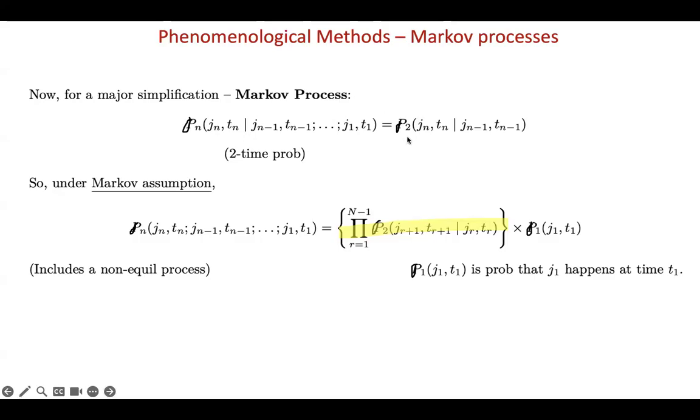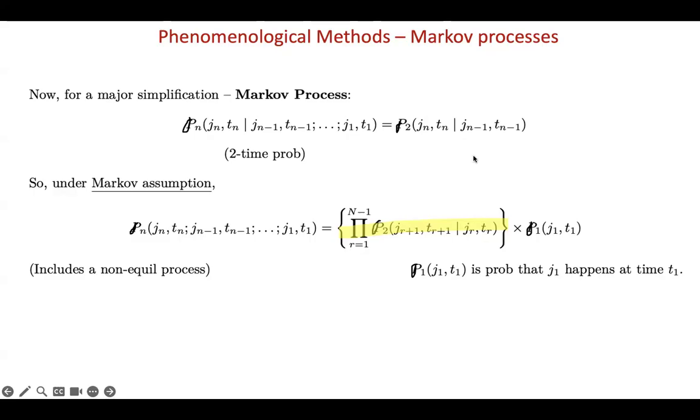There is a great simplification by a two-time probability, where you are saying that Jn Tn is only dependent upon Jn minus 1 Tn minus 1. In fact, this is the Markov assumption. They are throwing away everything else because there is no memory. You are assuming there is no memory and you are replacing it with just the immediate past event.